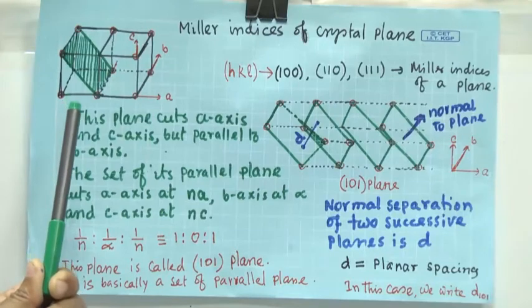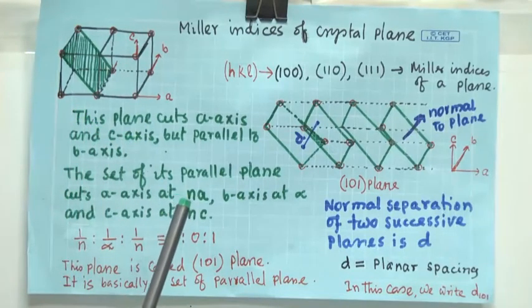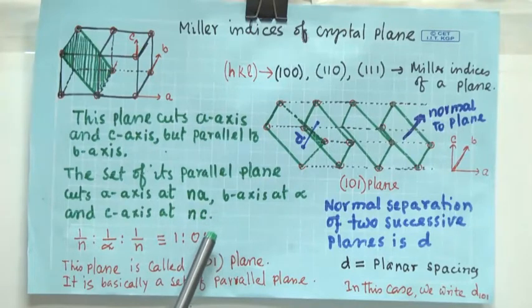So, it may cut at na, at a or 2a or 3a. Then it cuts b at infinity and c at nc, where n is 1, 2, 3 and so on, in units of c.